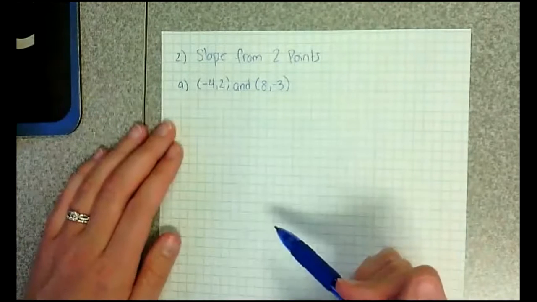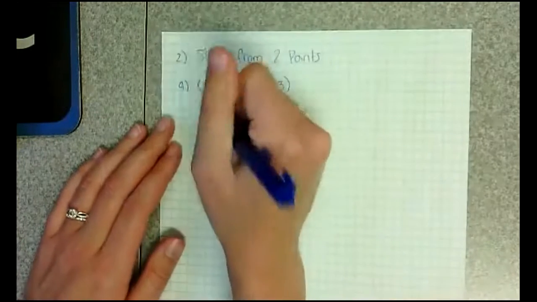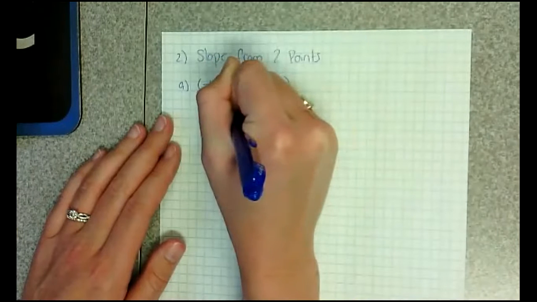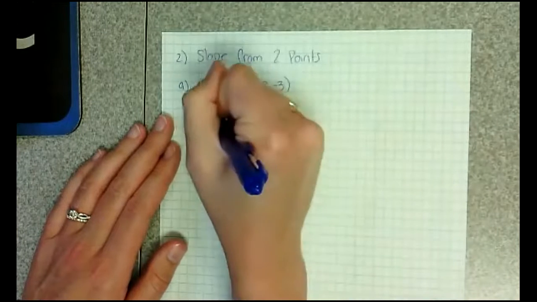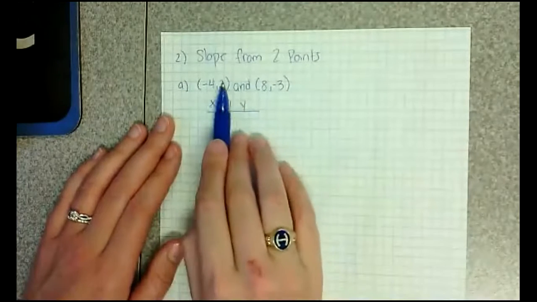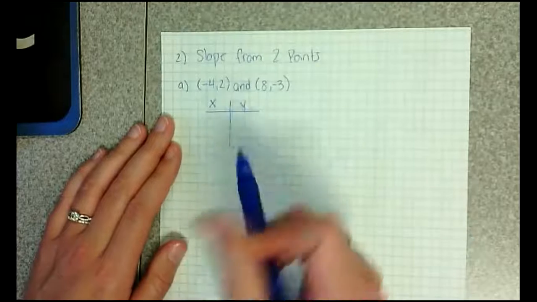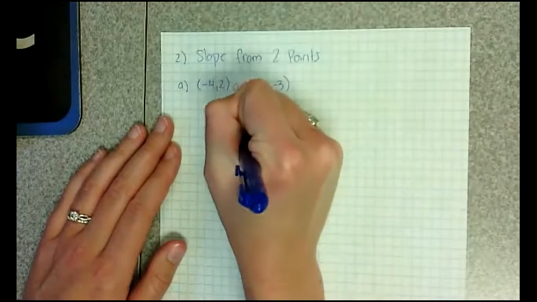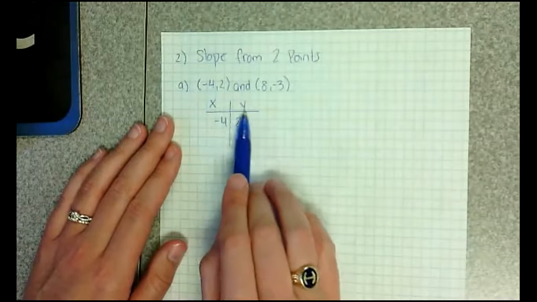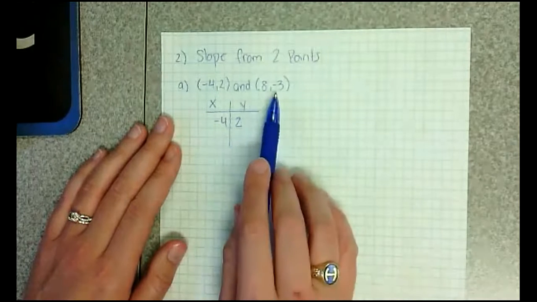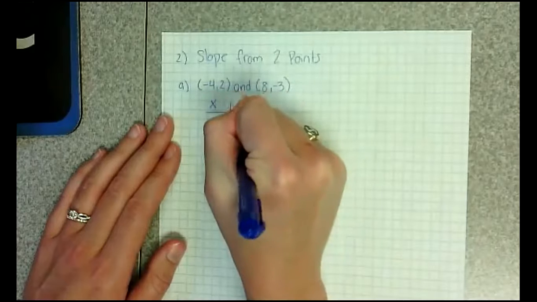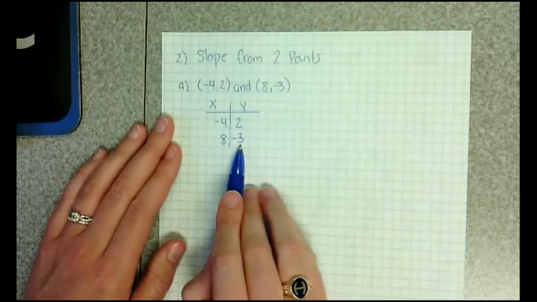Let's set this up in a table. I've given you 2 ordered pairs, but let's set it up in a table. So again, it's going to be like what we were just doing. Here's X, here's Y. I'm just going to rewrite this in the table. So -4 and 2. Notice how they're next to each other up here. They need to be next to each other on your table. 8 and -3. They're next to each other up here. They need to be next to each other in your table.